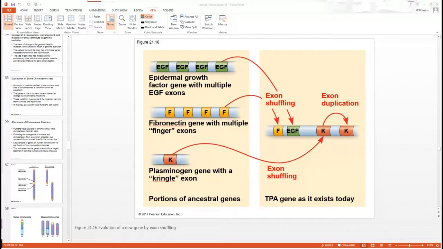So during sexual reproduction, you have processes that provide the offspring with a new genetic code that is different from its parents.